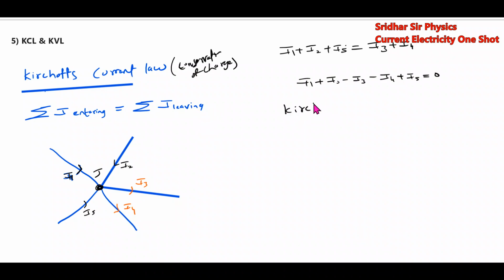Next we'll take Kirchhoff's voltage law.